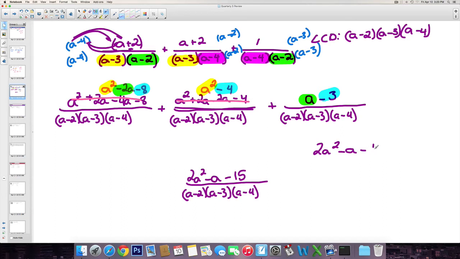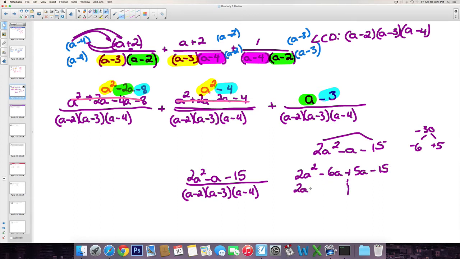So I'll do that on the side here. I want to factor by grouping, so 2 times negative 15 is negative 30, and now I need two factors that multiply to negative 30 but add to negative 1: negative 6 and positive 5. So we will go ahead and expand this into 4 terms. Now we can split it down the middle.